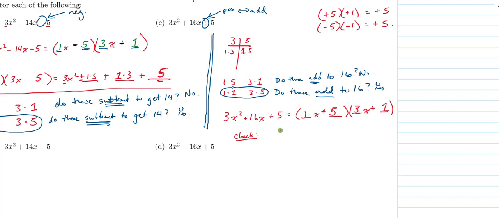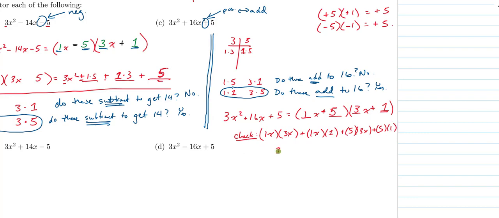So actually FOIL this out. By the way, if you're always FOILing it out, you will get a better understanding for how this process works. So again, if we FOIL it out, I'll do it with you here. We do 1x times 3x for my firsts, and then plus 1x times 1 for my outers, and then plus 5 times 3x for my inners, and then plus 5 times 1 for my last.